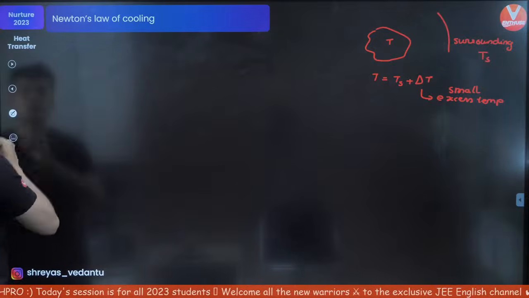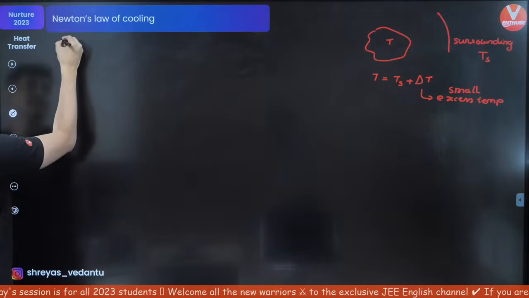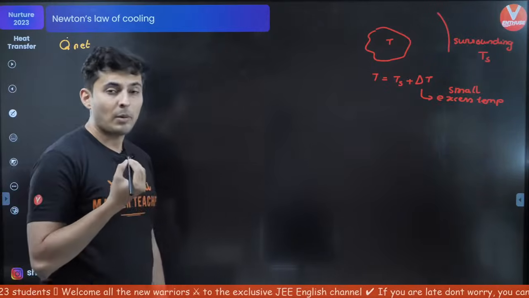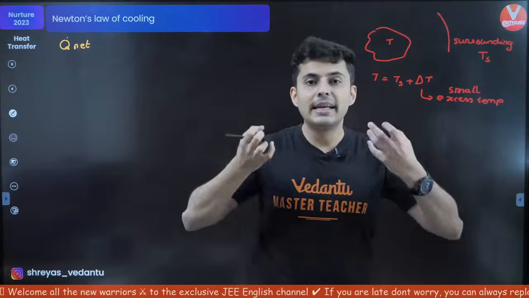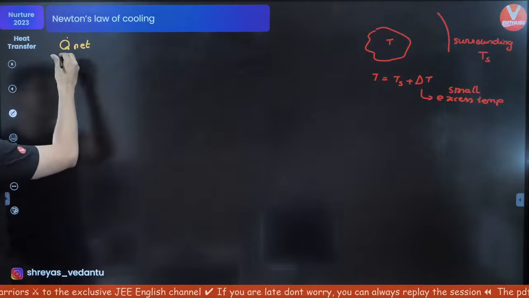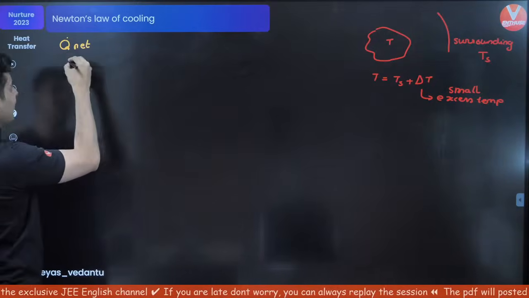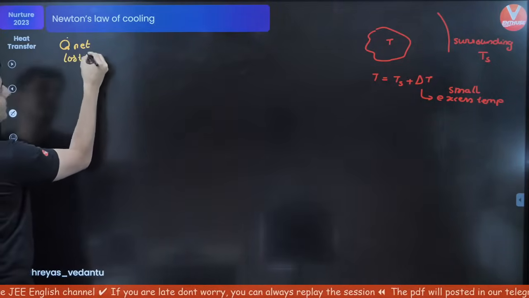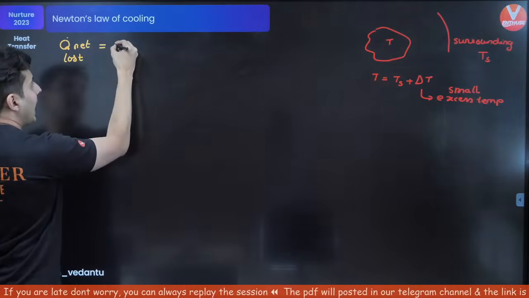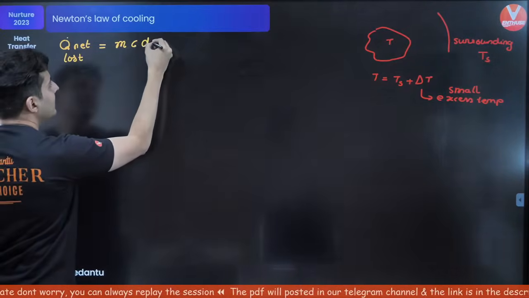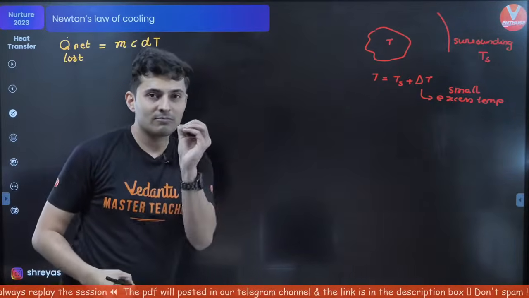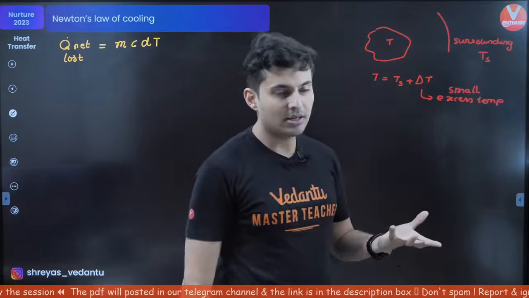So if I tell you what is the net heat which is lost, or net heat which is gained by the body in this particular situation, the net heat which will be in this case lost will be equal to, think about it, mc dT by dt, mass into specific heat capacity into temperature difference.